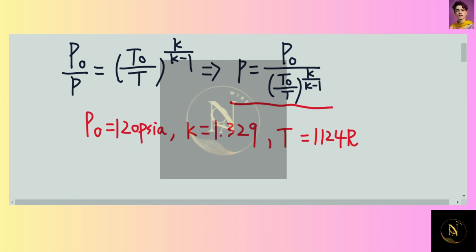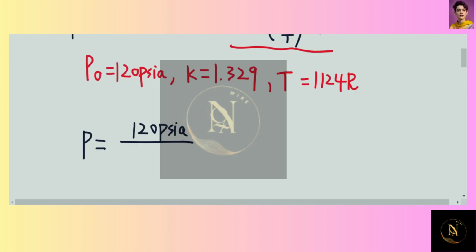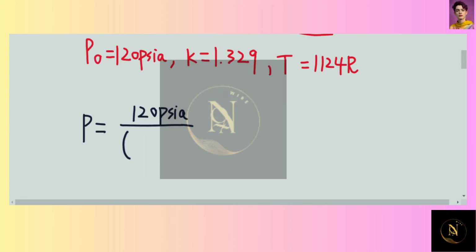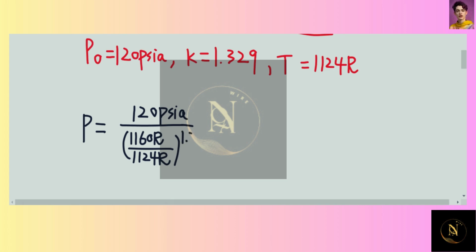So now let's plug back into the equation to determine the static pressure, which is equal to 120 psia divided by T0 over T, which is 1160 Rankine over 1124 Rankine, and then to the power of 1.329 divided by 1.329 minus 1.